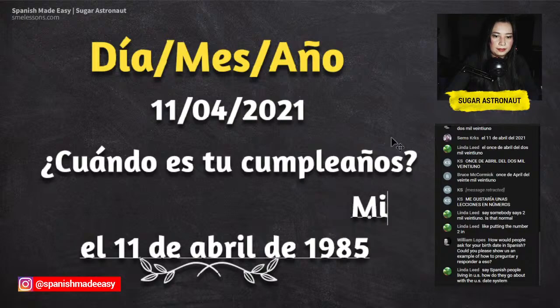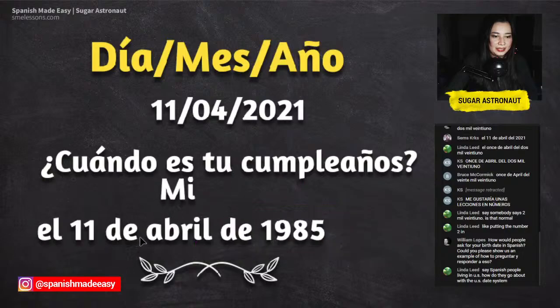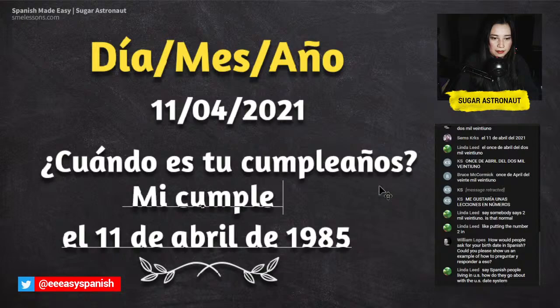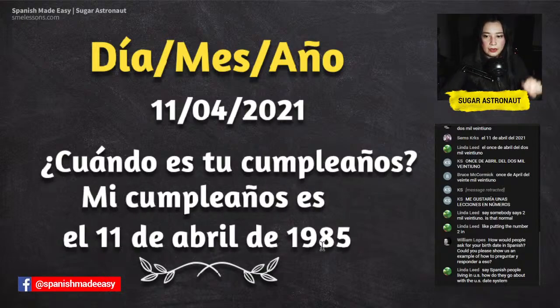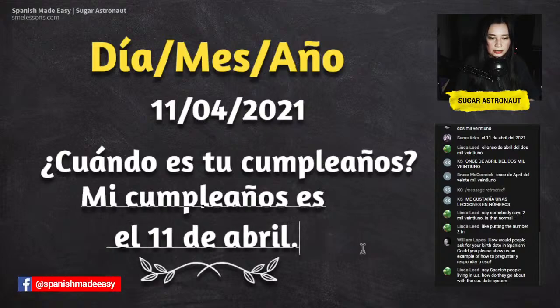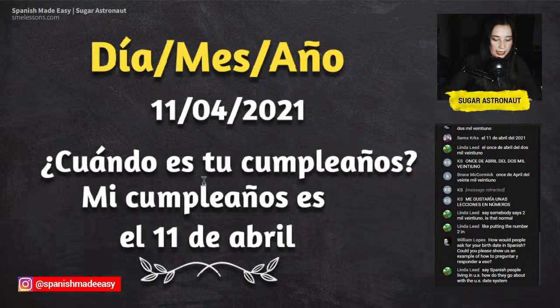So I could say mi cumpleaños es. Mi cumpleaños es el 11 de abril. Okay, so one important thing that you can do or say in Spanish is just the day and the month. El 11 de abril, okay?